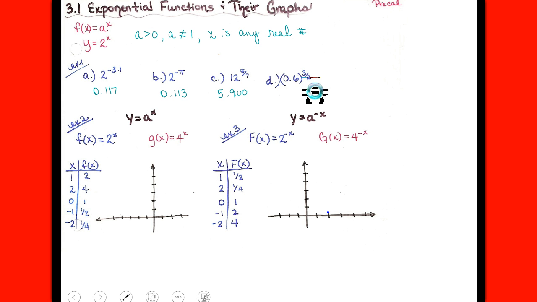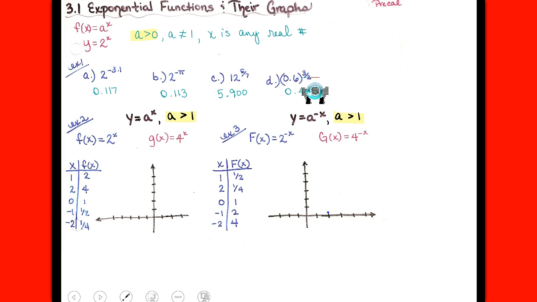I got 5.90. Yeah, so if we're rounding that one to 3 decimal places, 5.900. All right, how about 6/10 to the 3/2? 0.465. So everybody getting those to work? Good. Okay. So that's how we can evaluate our exponential expressions with our calculator.